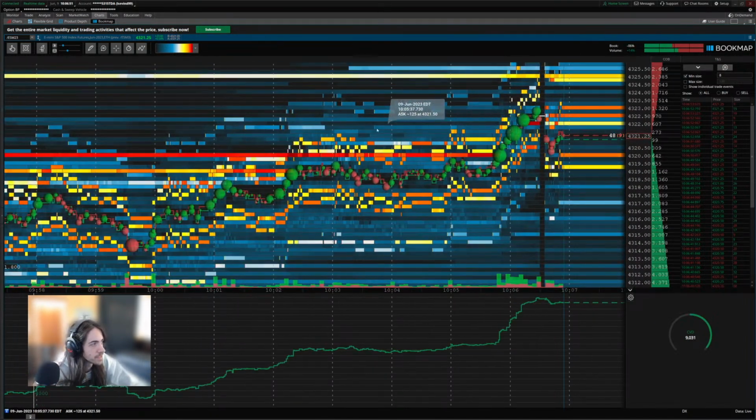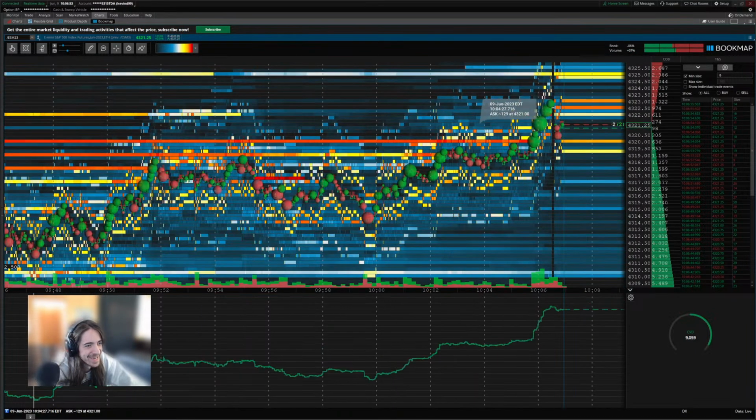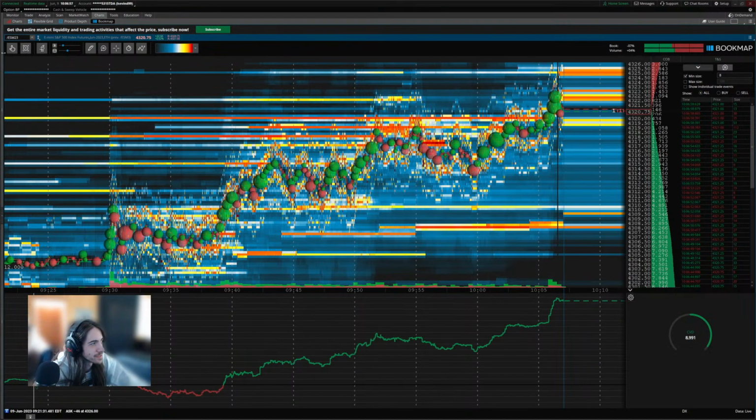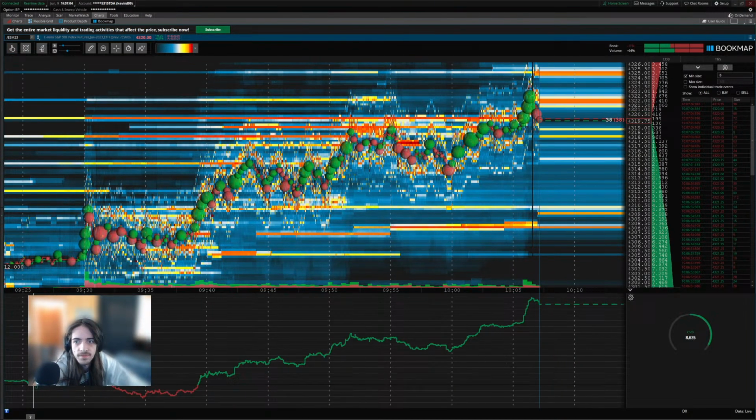Bookmap looks like a mess. Bookmap always looks like a mess. Let's see. Show data drawn. Yes, awesome.